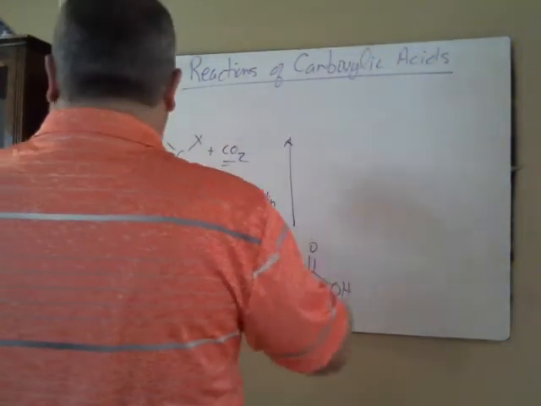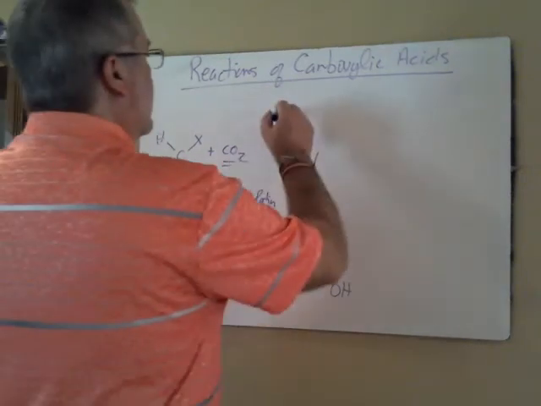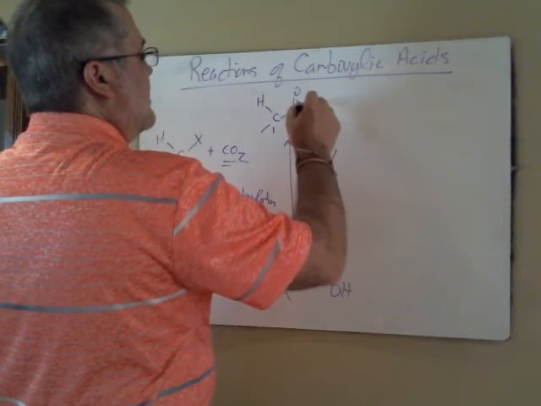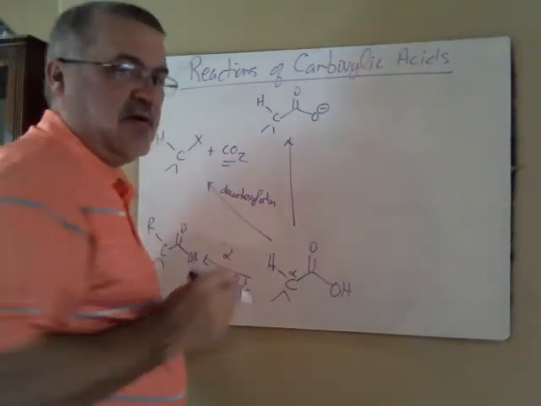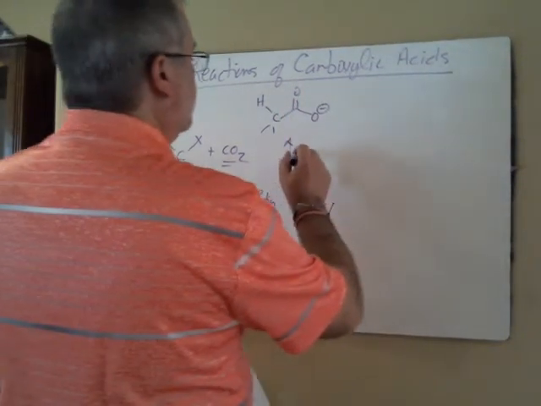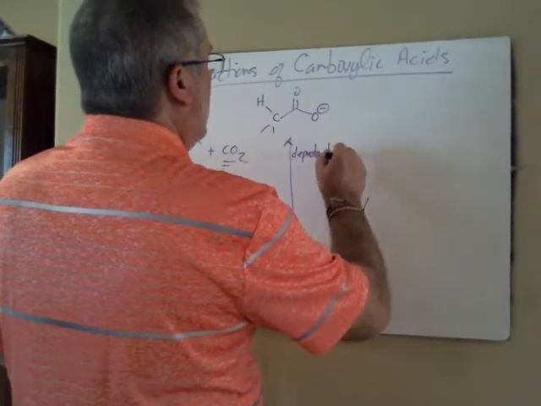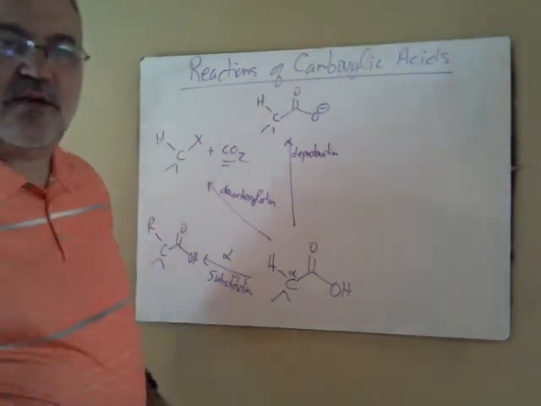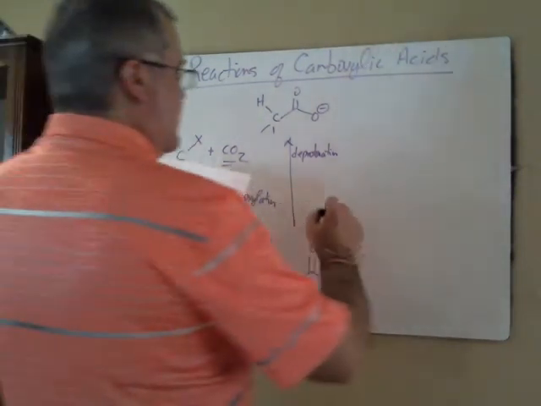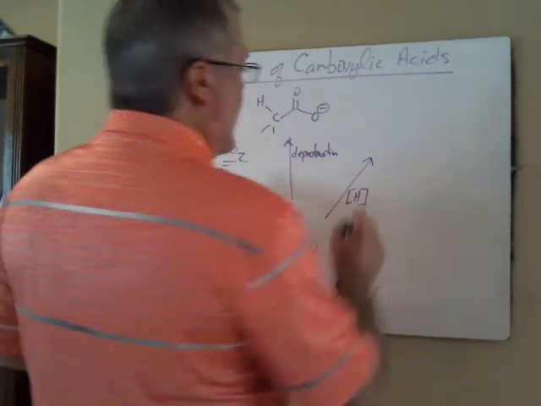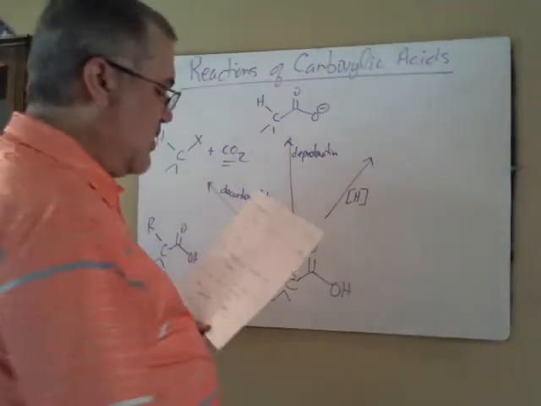Then you can just have a simple reaction that changes the reactivity of it, and that is just deprotonation. And that's really a preparation for other reactions. Then we can reduce this, and this is a reaction we've already talked about, but we'll revisit it.